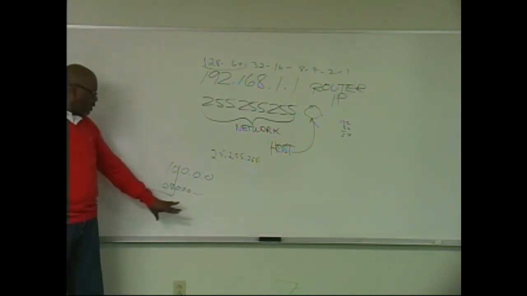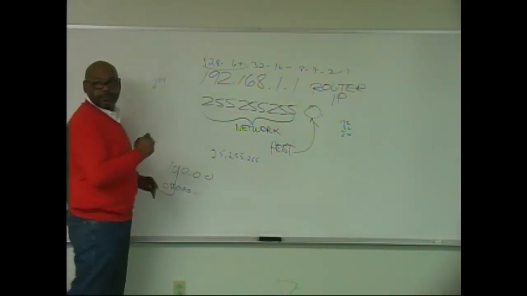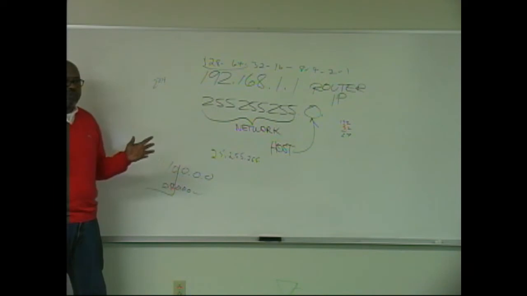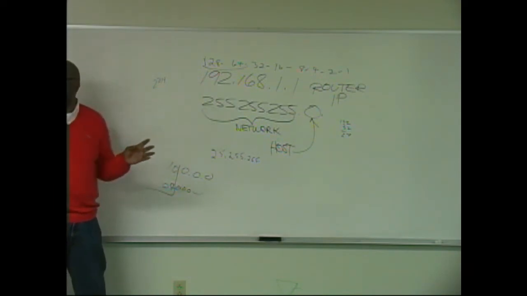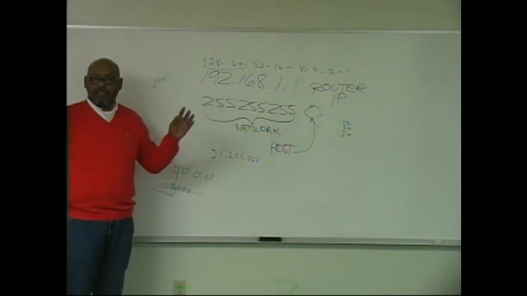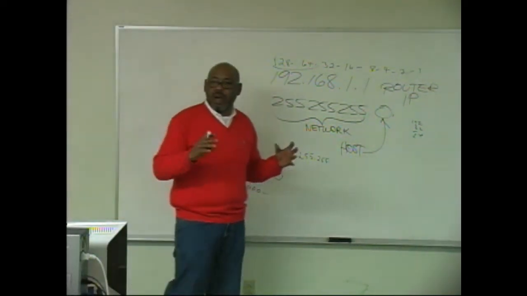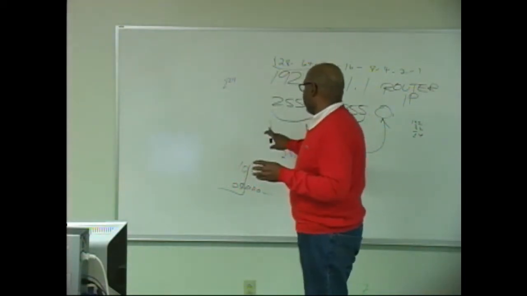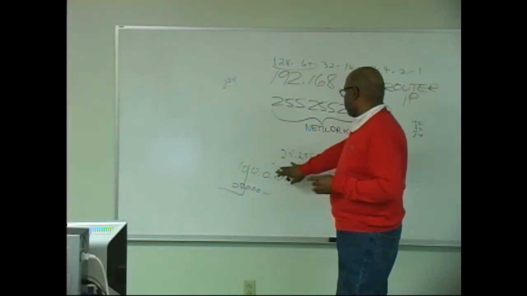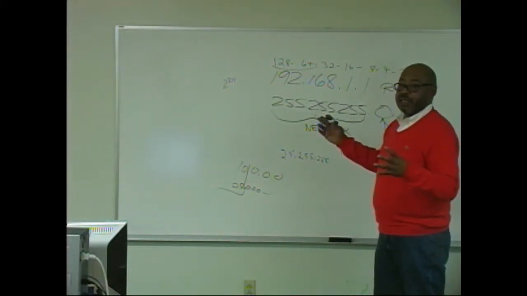So the host would be 2 to the 24th power, which is something like 16 million, some crazy number, a whole bunch of numbers. You don't ever want to have that much chatter on your network, because if you have that many hosts talking, there's a multicast going out at some point.